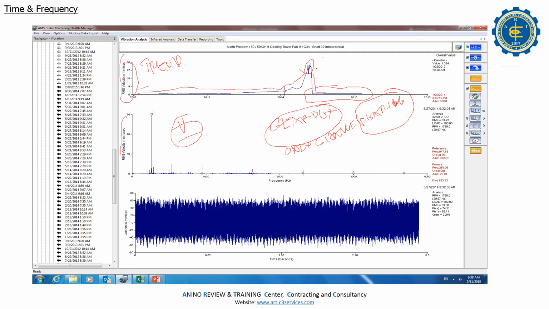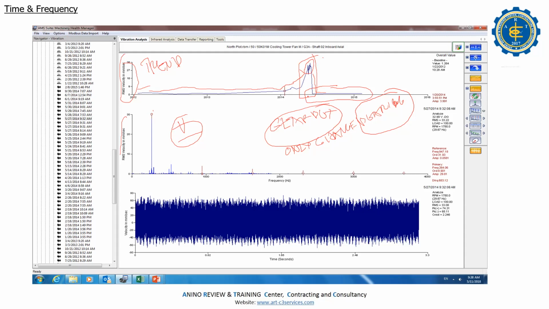We only changed the bearing; we did not change the gear. The gear of that fan is very good. I don't remember the name of that gearbox.